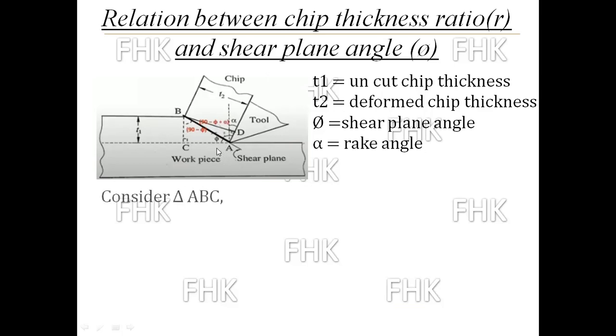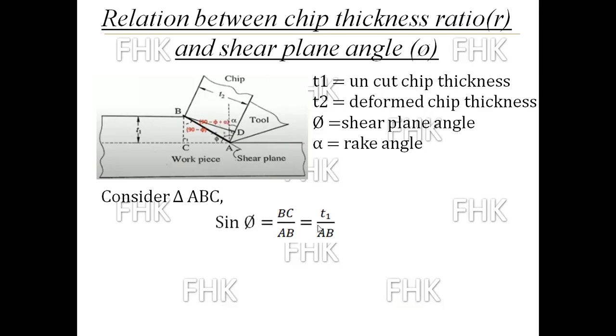Consider this triangle ABC. In that triangle, this angle will be phi, and I know the length of BC as T1. So I will take the sine rule. Sine phi is equal to the opposite side BC divided by the hypotenuse AB. What is the value of BC? That is nothing but T1.